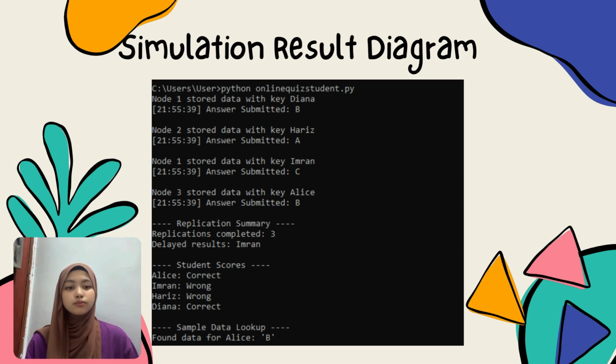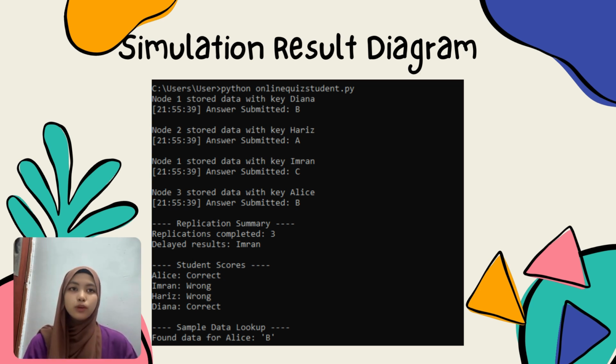The system shows 3 replications successful. This ensures that even if one node fails, the data can still be retrieved. Why is Imran's result delayed? This is because the system either retrieved Imran's data late or experienced slower processing on node 1.